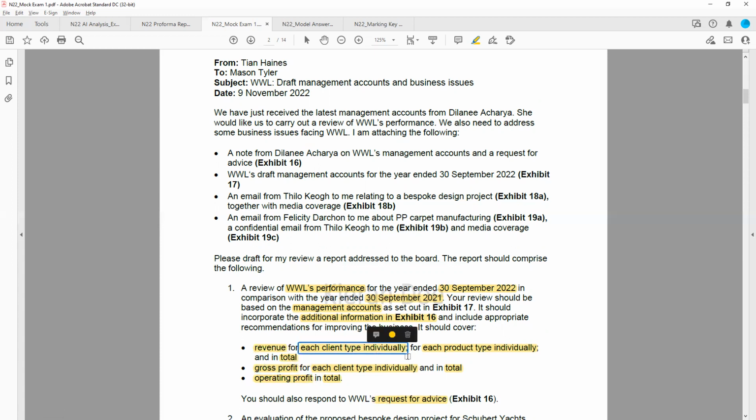And we need to do revenue for each client type, each product type, and gross profit, of course, for each client type. We can't analyze that by product type, even though we know there are different margins and markups for different products. So it's worth spending some time at the start just thinking about what the marking key is likely to look like, because that will help you determine how much you're going to have in each section.